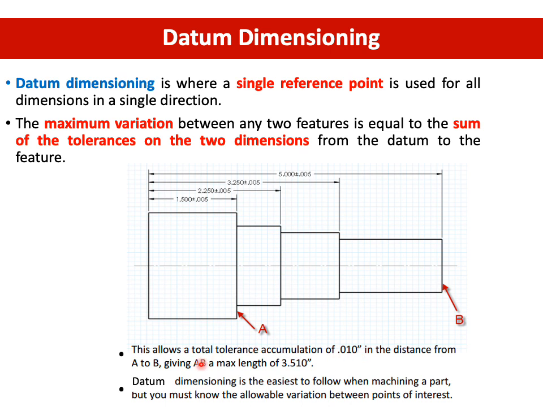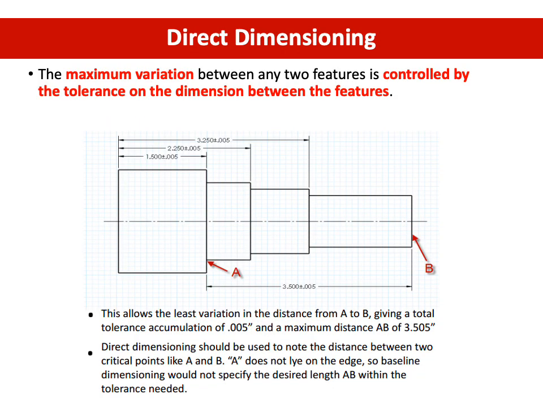So the maximum length of AB, if you are referring to datum dimensioning, is around 3.510. Make sure you understand the difference between these two. With datum, you need a reference point: this one goes until A, and this one goes until B. So you just need to add up these two.